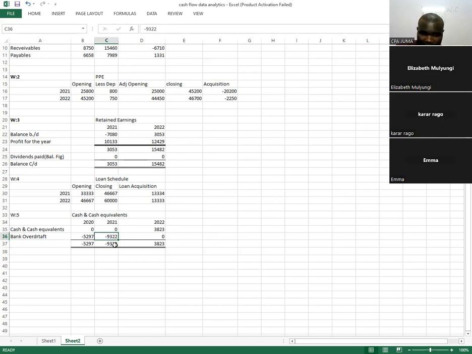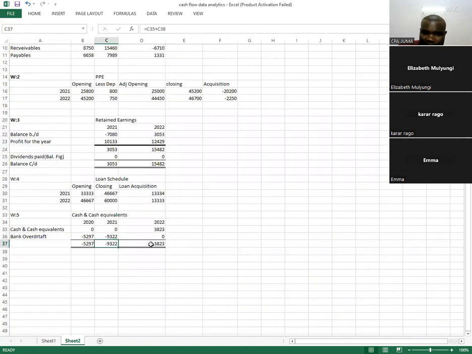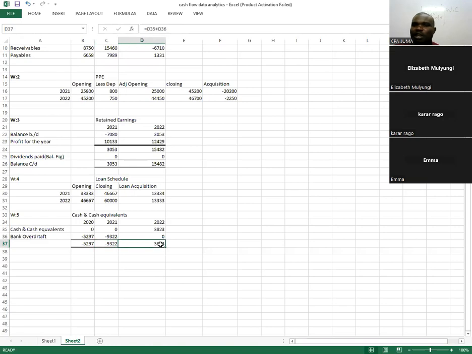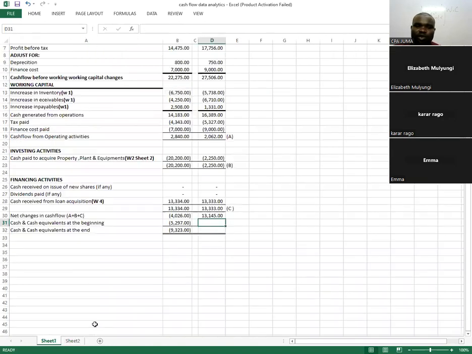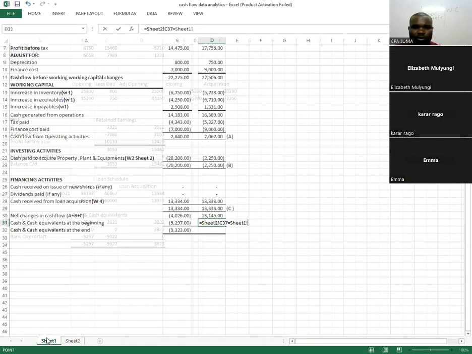So we again take this, we link it here. So when we take that one and we bring it there, it should give us this figure. When we take this one as the opening for 2022, we bring it here, then 13 plus what we bring here, the closing should tally with this one here. So to link it, this one here equals to back.